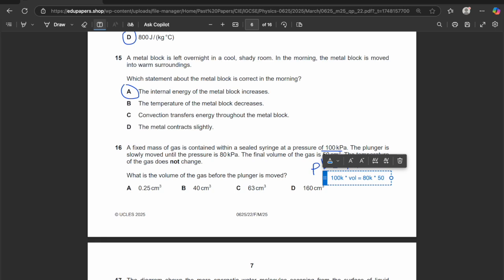So if we want that, we will do 80,000 into 50 divided by 100,000. So we get 40 centimeter cubed. So that will be B.